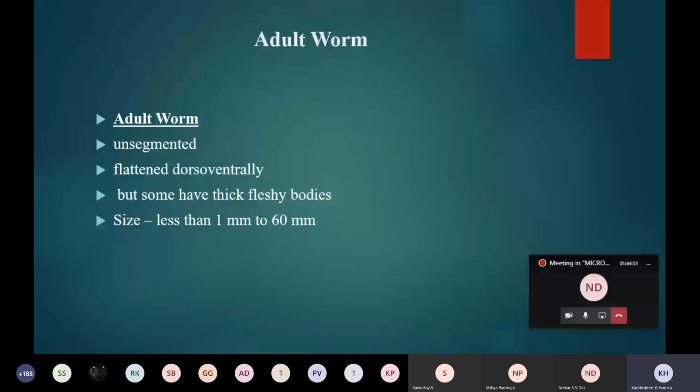Morphology of the adult worm: it is unsegmented. It is flattened dorso-ventrally, but some have thick fleshy bodies like schistosomes. Their size is from less than 1 mm up to 60 mm.